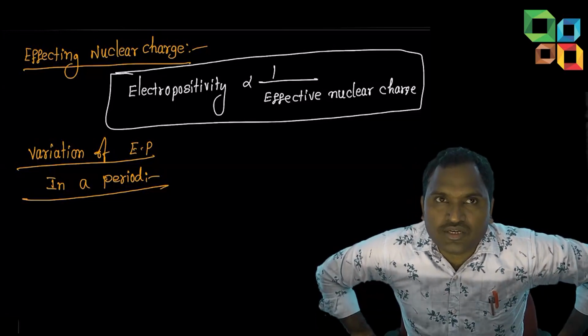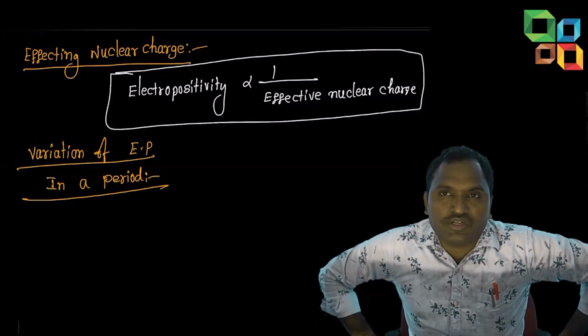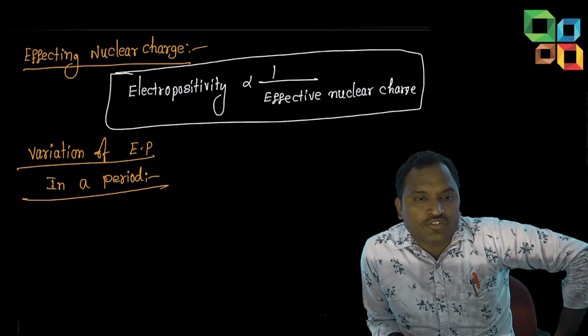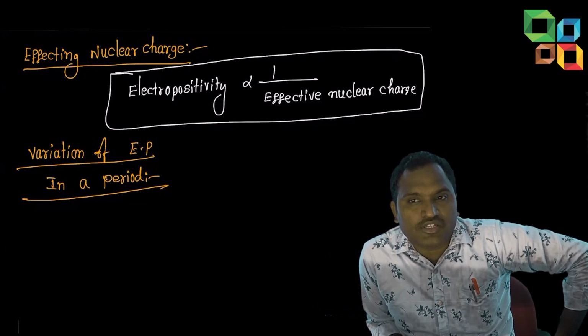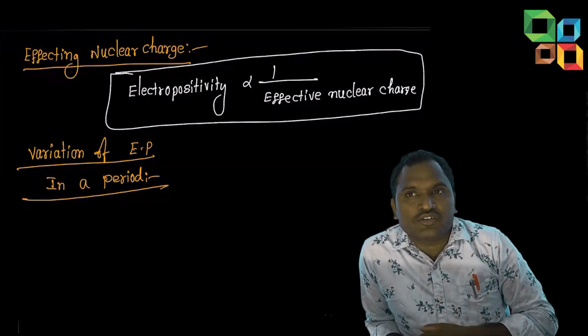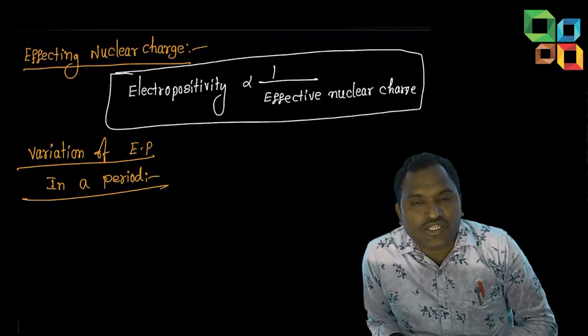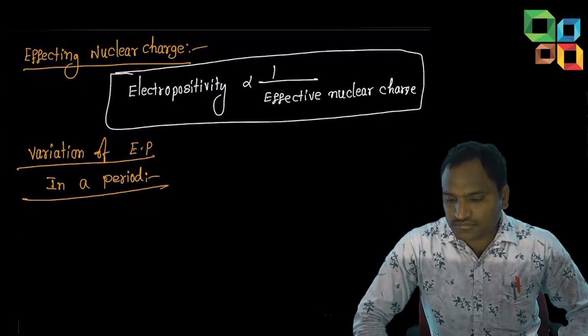So electropositivity is directly proportional to atomic radius. We know electropositivity is directly proportional to atomic radius. So across the period, atomic radius decreases, so electropositivity also decreases.